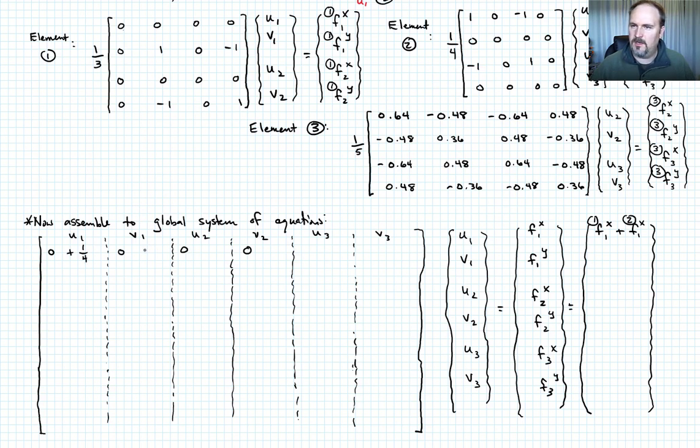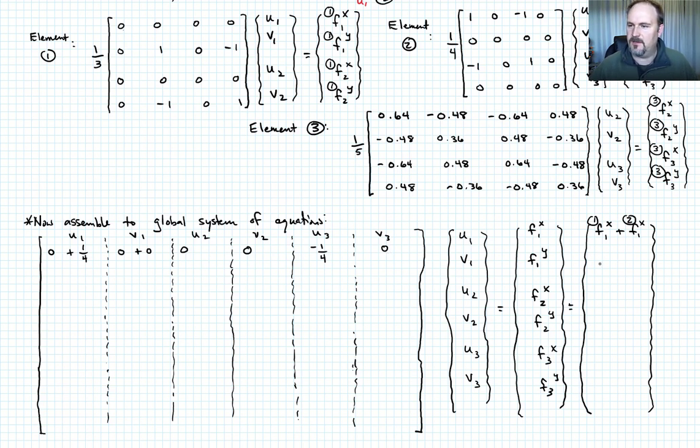And then V1, that term in the first row of element 2 is 0, so plus 0. And then I don't have anything for U2 and V2, because those degrees of freedom don't exist in element 2, so I just move on. And I go to U3 and I see that the next term in the first row is negative 1 times 1/4, so this is going to be negative 1/4, right? And then 0. Okay, so that's my first row of my global system of equations.